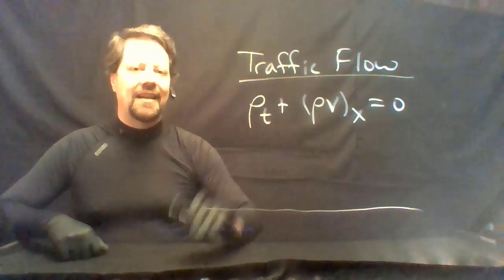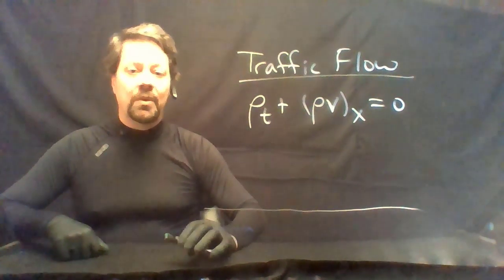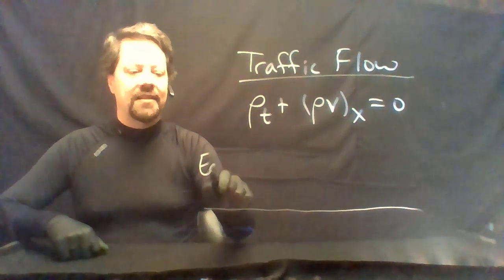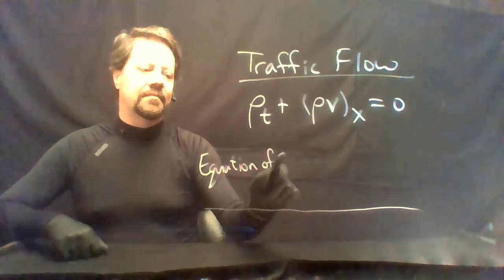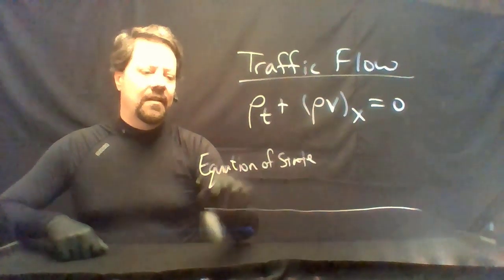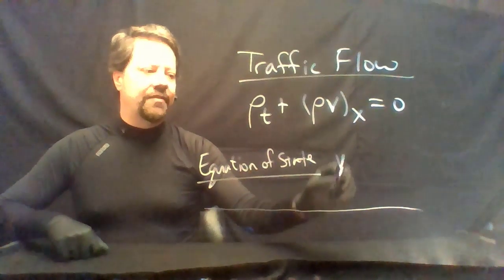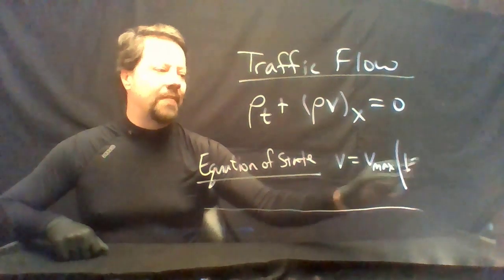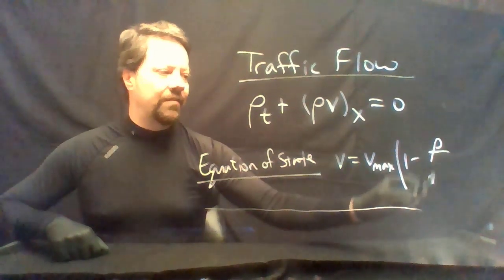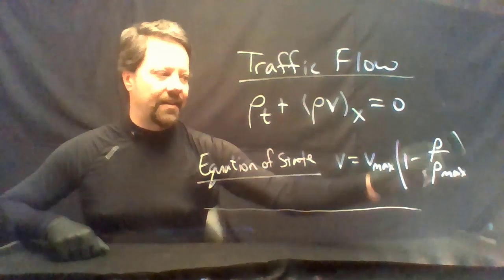There's the density and the velocity. We're going to assume an equation of state. This equation of state is that the velocity is some maximum velocity times 1 minus the density over a maximum sustainable density on the freeway.